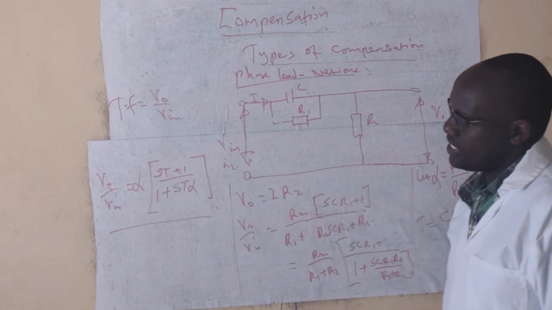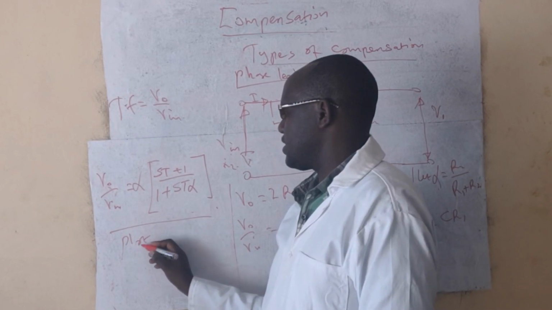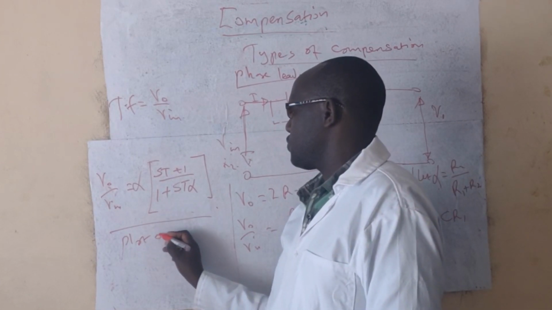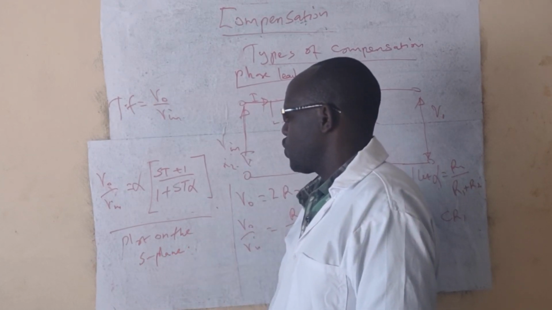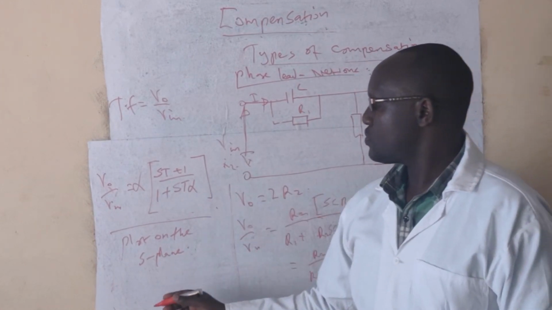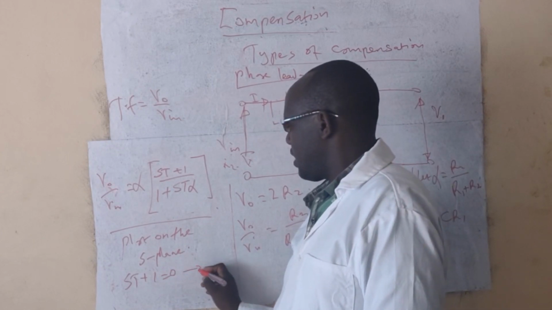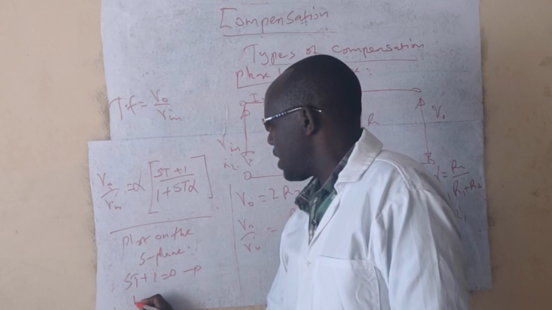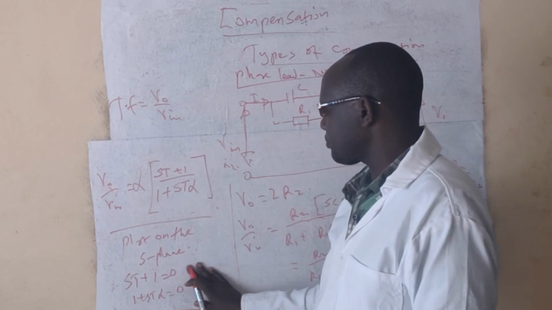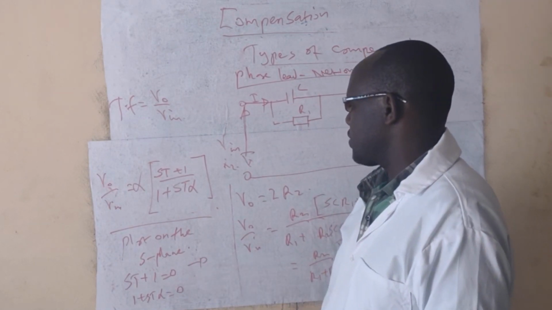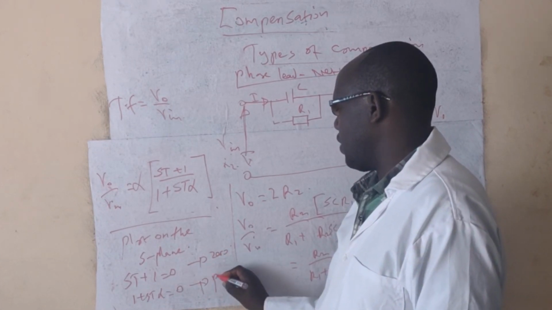Now when we reach here, then we need to plot this equation on the S plane. So how do we achieve that? We're going to say ST plus 1 is equal to 0, and then 1 plus ST alpha is equal to 0. This one is going to give us the zero, and this one is the pole.